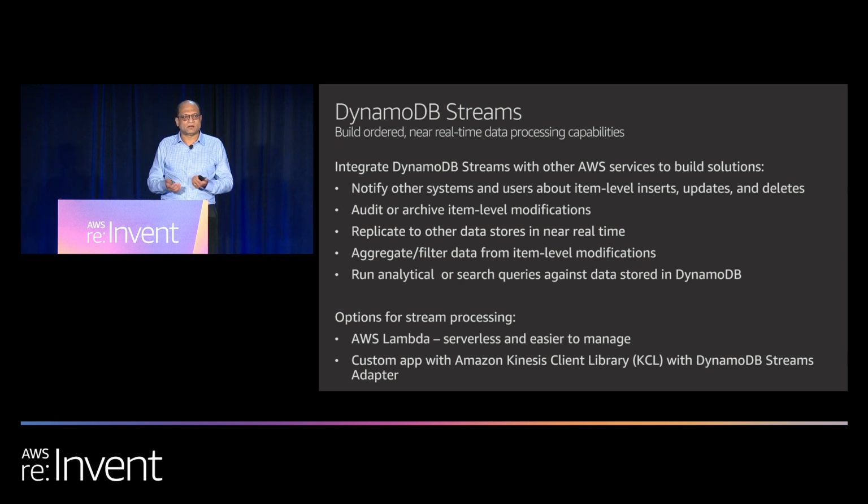You can use Lambda, which is serverless. The advantage with Lambda is you don't have to manage any infrastructure. Alternatively, you can build a custom app using the Kinesis Client Library and what is called the DynamoDB Streams Kinesis adapter, and host it in an EC2 instance.